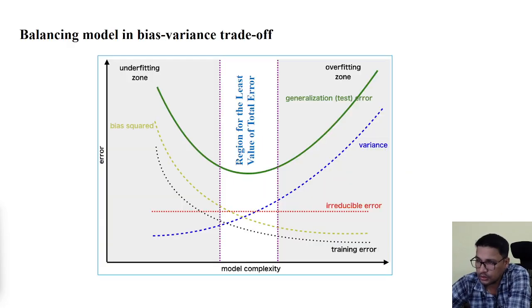So we need to balance our model within this white region, right? On the right side, this is the overfitting region, and on the left side, this is the underfitting region, right? So we need to balance our model to make the bias variance trade-off.